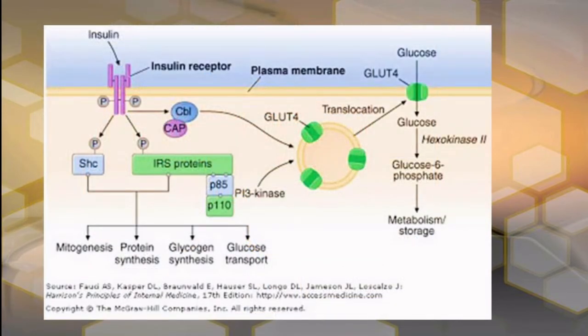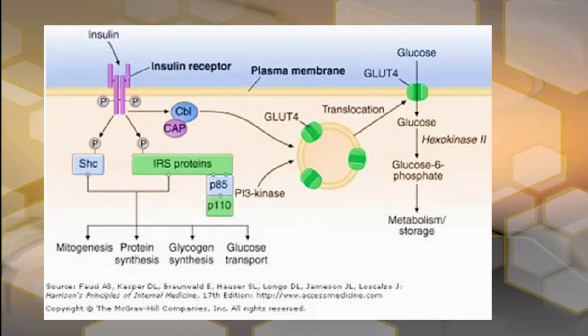In this figure, you can see that the insulin receptor phosphorylates two different types of proteins. One is the SHC protein, the other is the IRS proteins. The SHC and IRS proteins are important for mitogenesis, protein synthesis, glycogen synthesis, and glucose transport.